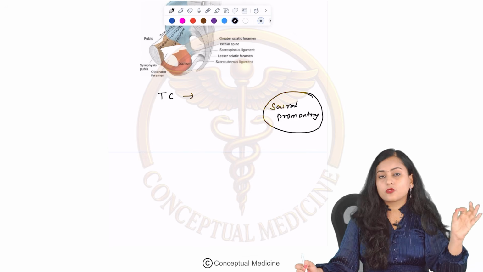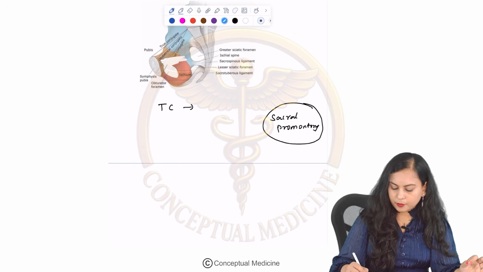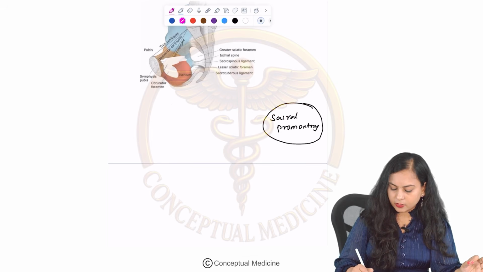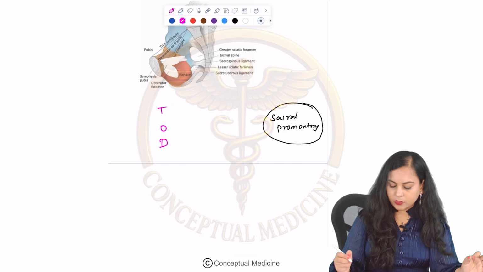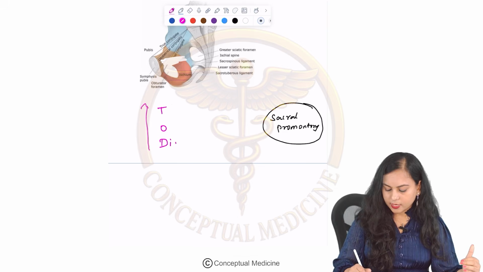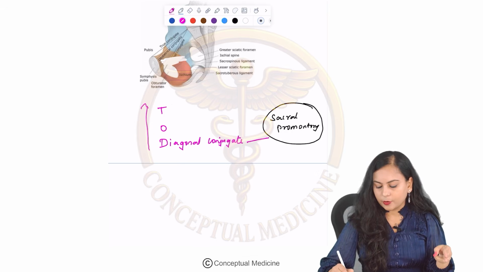But what is true conjugate means? It will be passing from the upper portion. So let us move like this. Okay, I used to remember like this. So what we are measuring is the diagonal conjugate. So diagonal conjugate means it is from the lowermost part of the pubic symphysis to the sacral promontory.